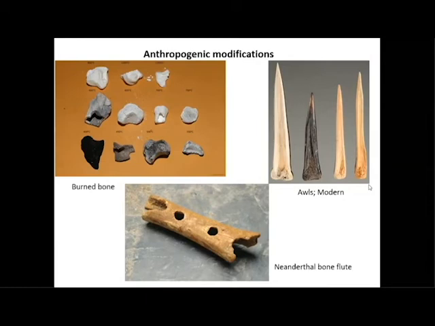So you can see anthropogenic modifications directly. And the last one would be a Neanderthal bone flute. So these things can sort of give you information about the hominins. They were able to control fire. They were adapting and have complex behaviors such as cloth making, as well as music because of the bone flute.